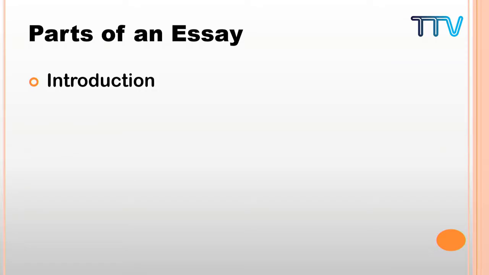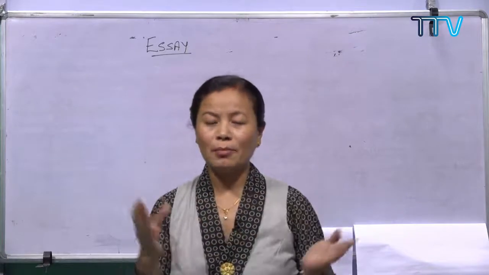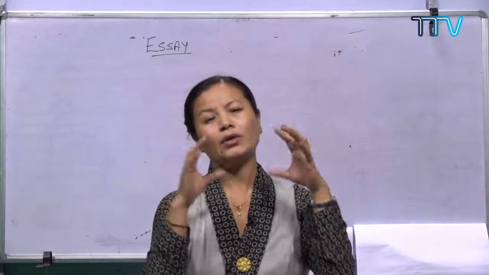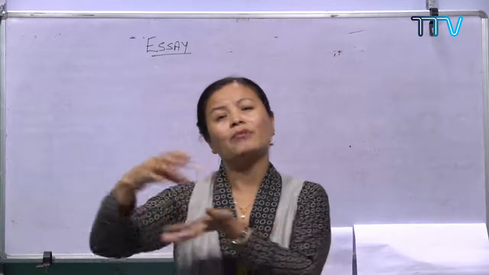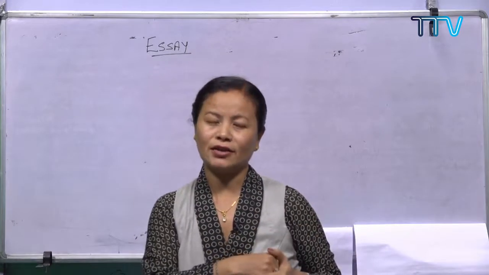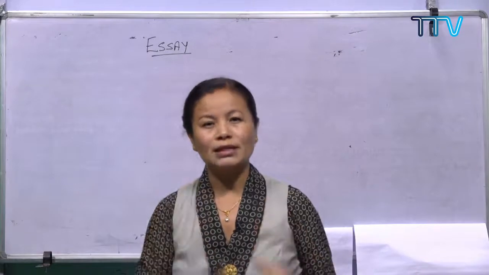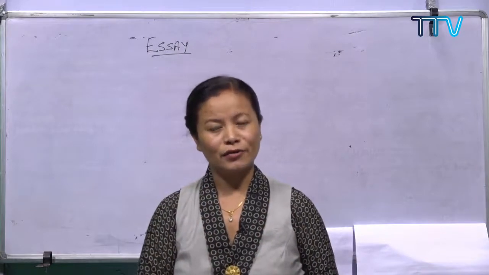But I assume you understand what a paragraph is, because as a student of class 4, you can frame a simple sentence. So a group of sentences makes a paragraph. Keep in mind that a number of paragraphs make an essay, and then you will study the different parts of an essay. But for class 6, 7, 8, I assume you understand what an essay is, right?